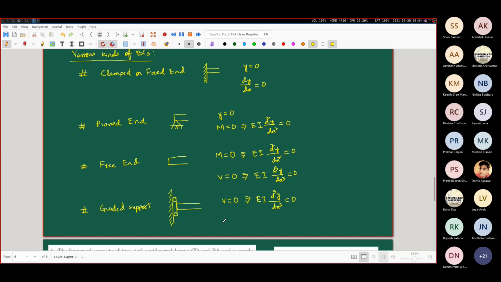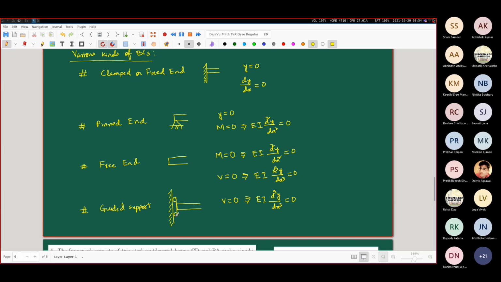What other thing? Is the deflection 0? Can we say that y is equal to 0? Yes, no? Sir, it's almost like a fixed end with respect to that rollers.